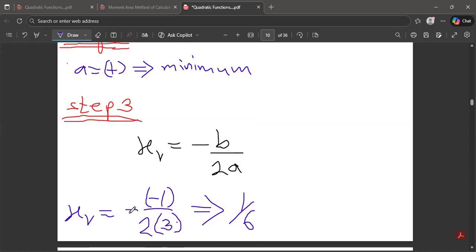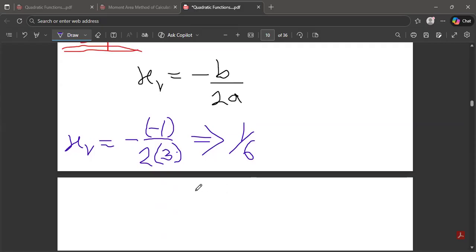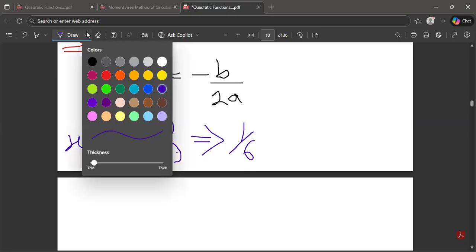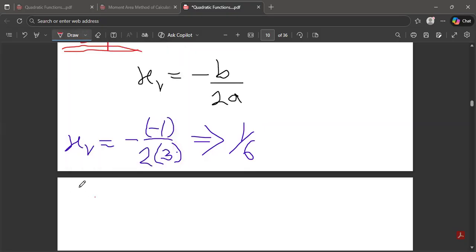Before you even bring your division sign, punch negative first, and you should be getting 1 over 6, not -1 over 6. Are you getting the answer that I'm getting? Do you want me to punch it for you to see? Okay.